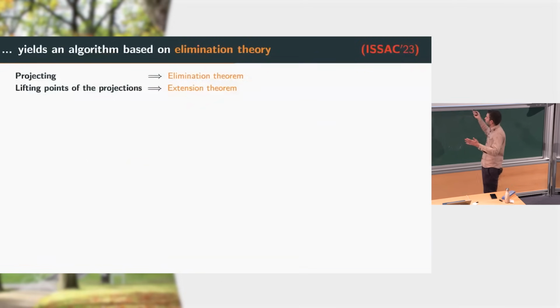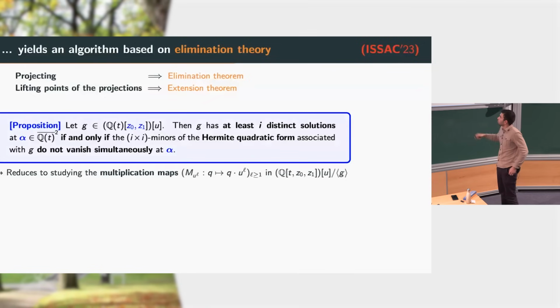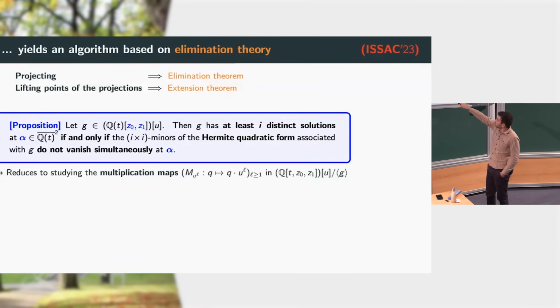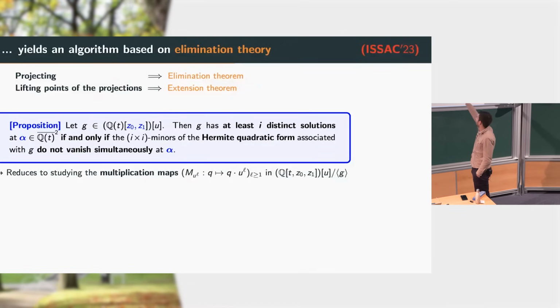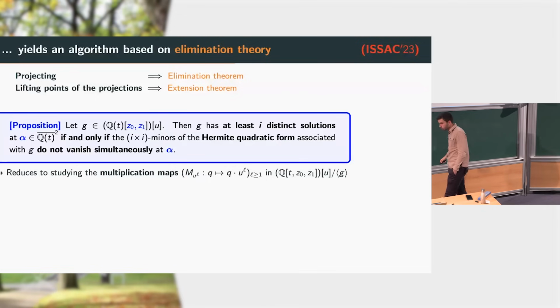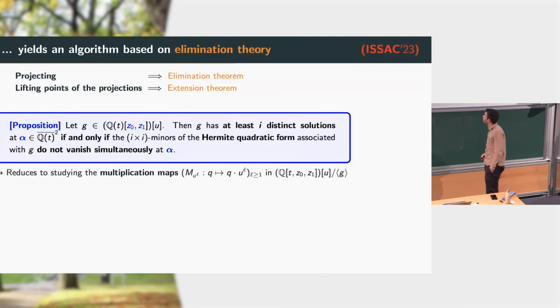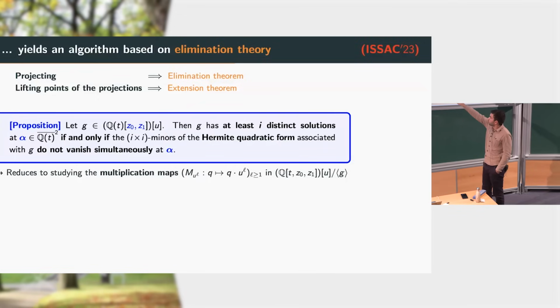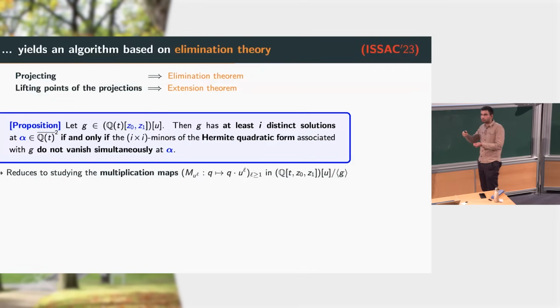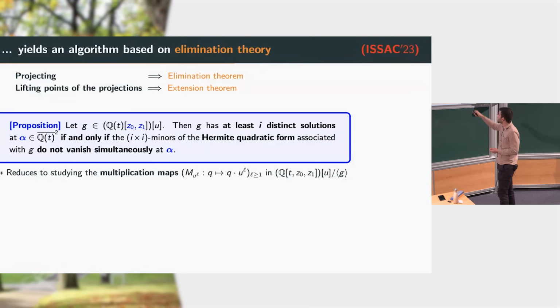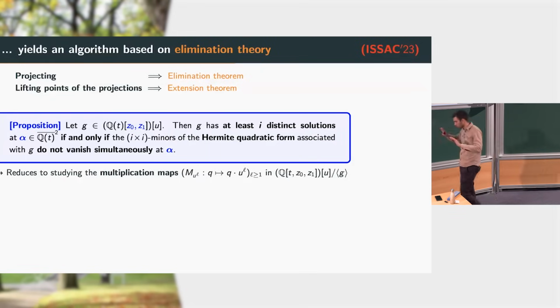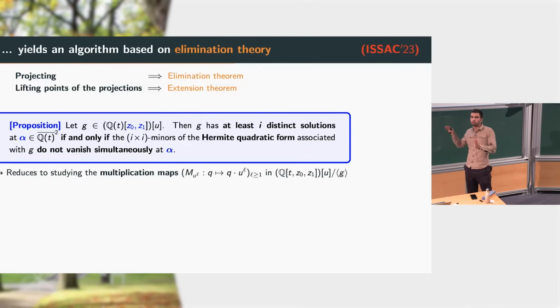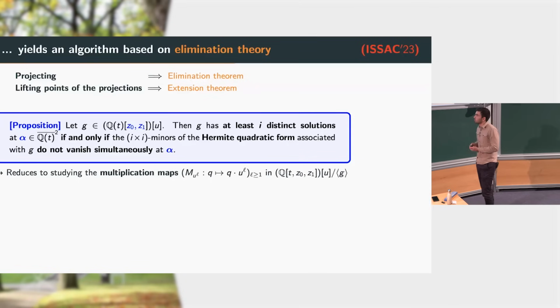Just to summarize, when you cannot use discriminants, there is a slight generalization called Hermite quadratic forms. In fact, the minors give conditions on the number of distinct solutions of the studied polynomial G, and it's just about studying some quotient rings. I will not go into details, just to say that we can generalize it for any other discrete differential equation.